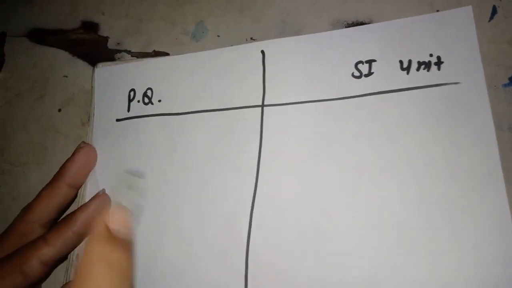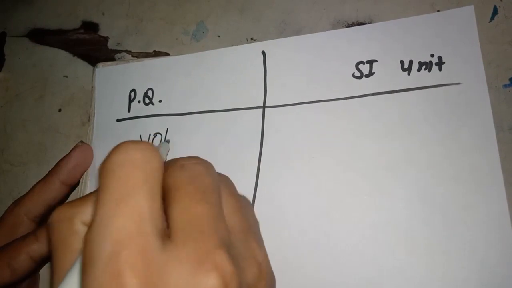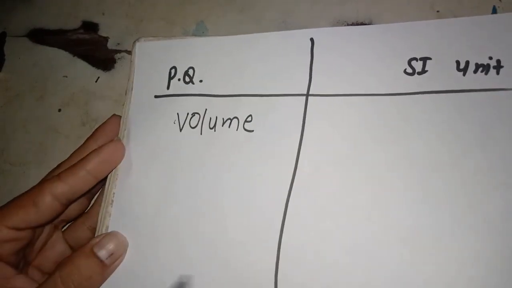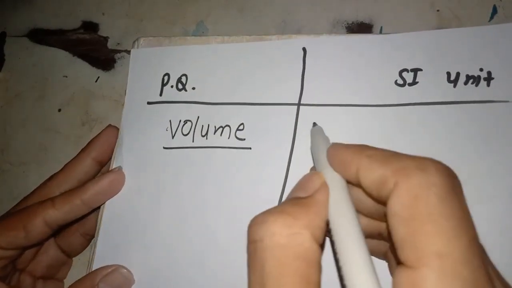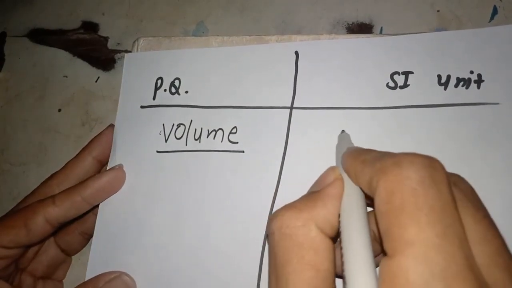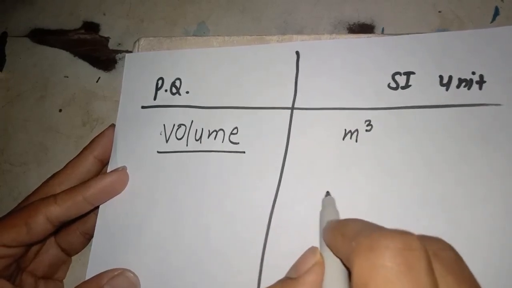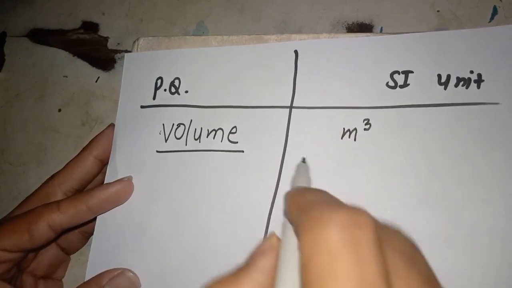Now another physical quantity is volume. Its SI unit you know, is meter cube.